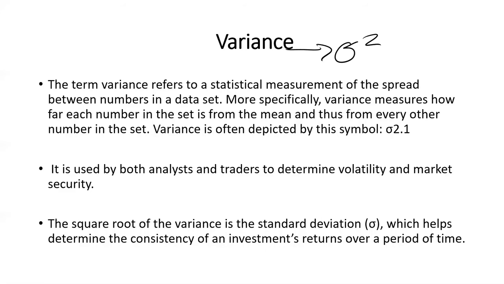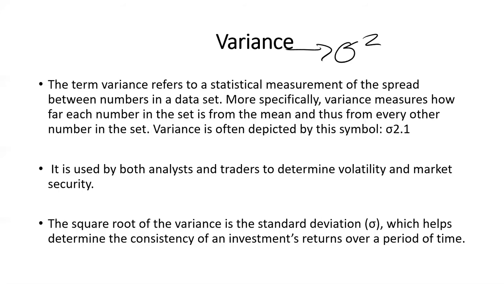When we were discussing our CAPM model, there we saw the sigma sign, but that was only the standard deviation, representing the systematic risk. Here the analysts and traders both use this variance.